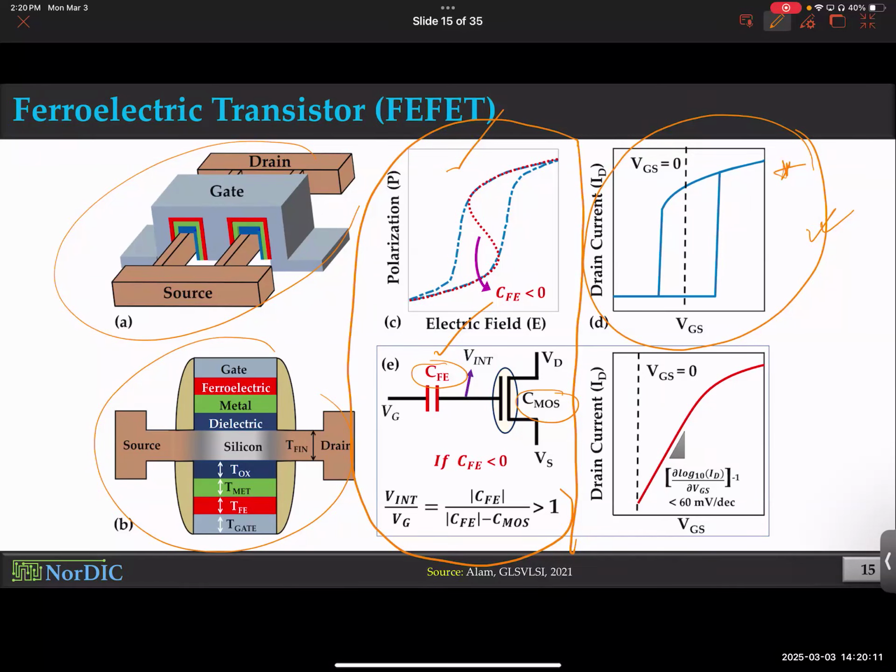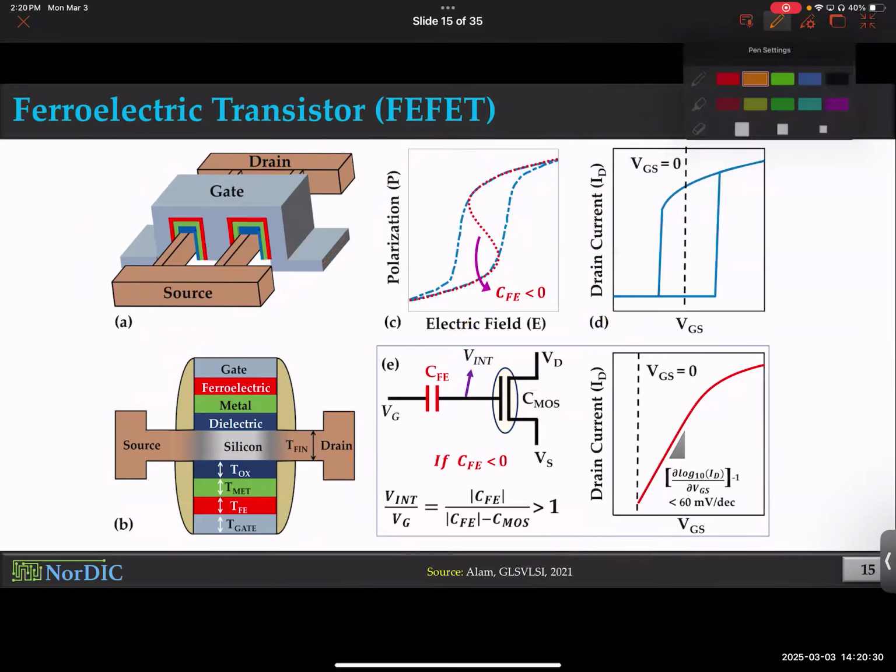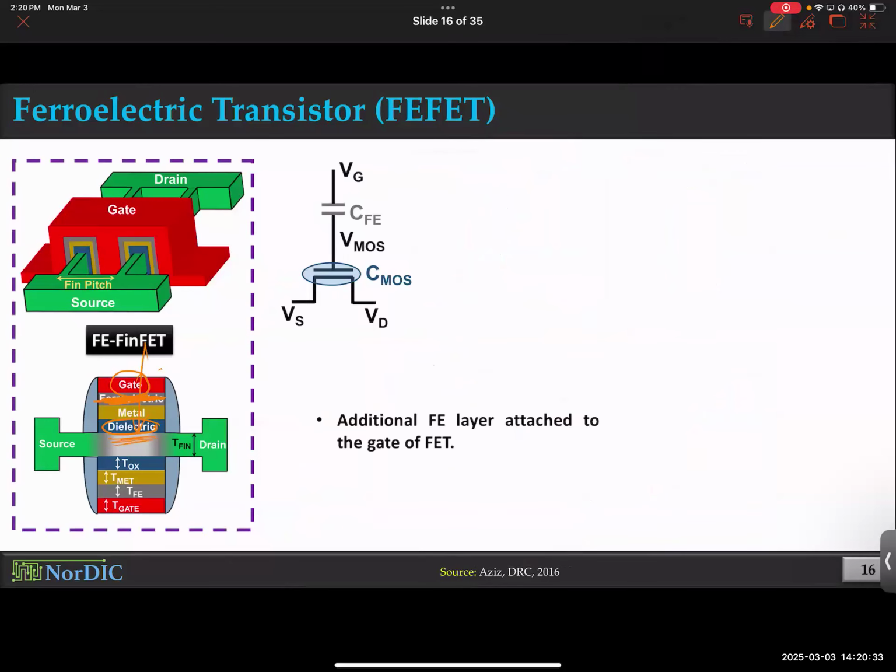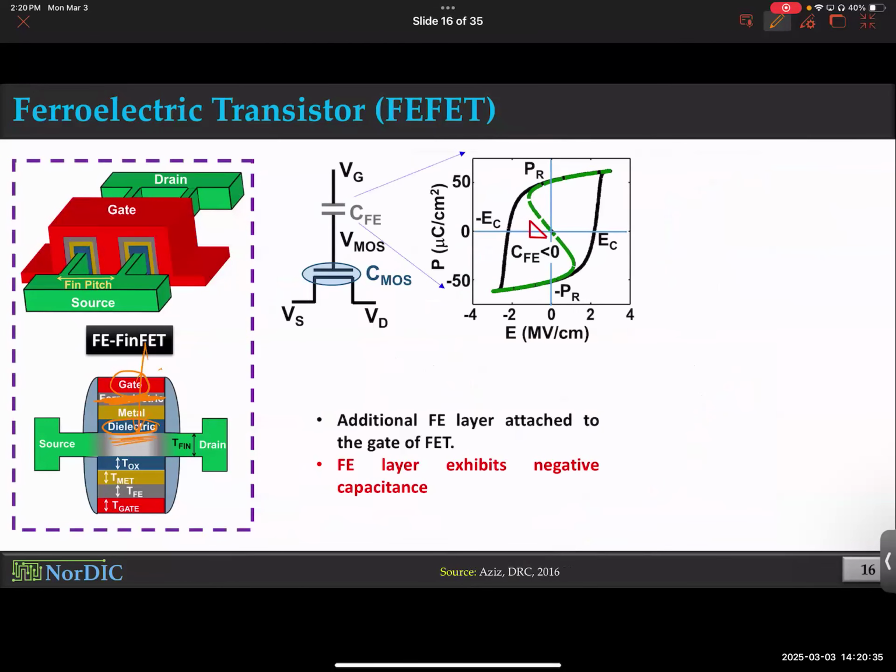This is a different kind of memory. Using the same structure, if you use negative capacitance mode, you get a certain property. If you don't use negative capacitance mode, you get this property. I'll get back to this property, which doesn't necessarily use negative capacitance. But what do you get with negative capacitance, folks?